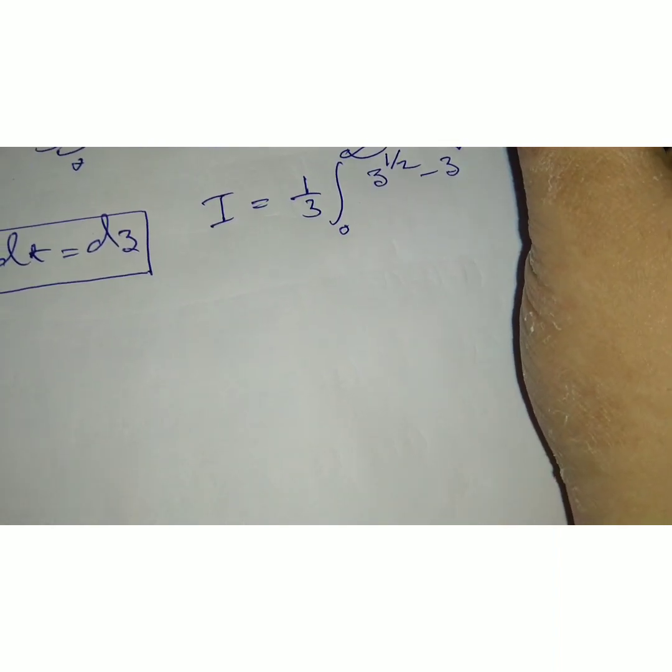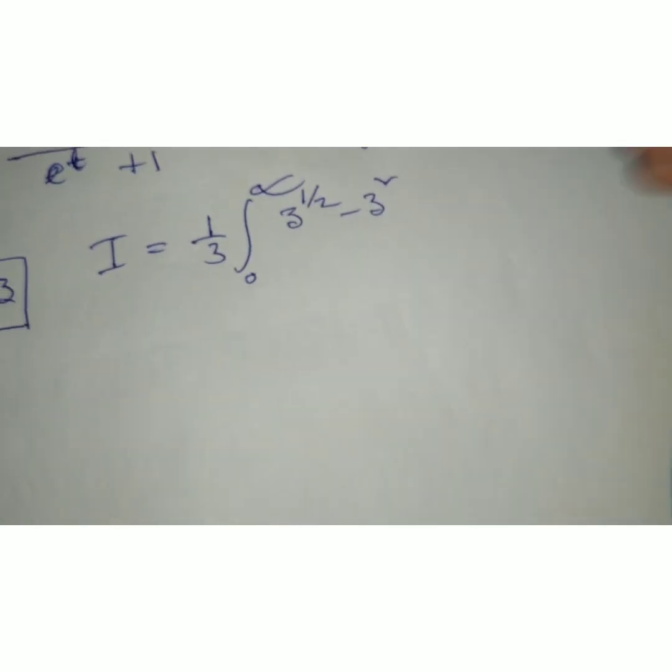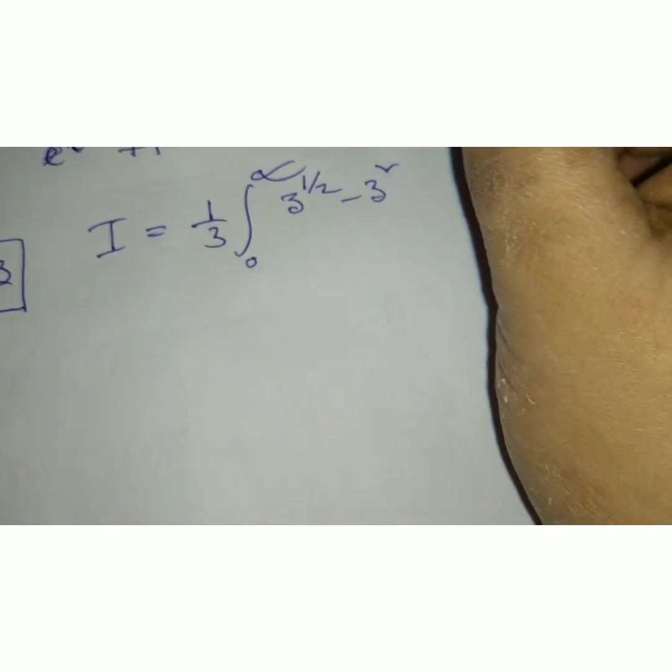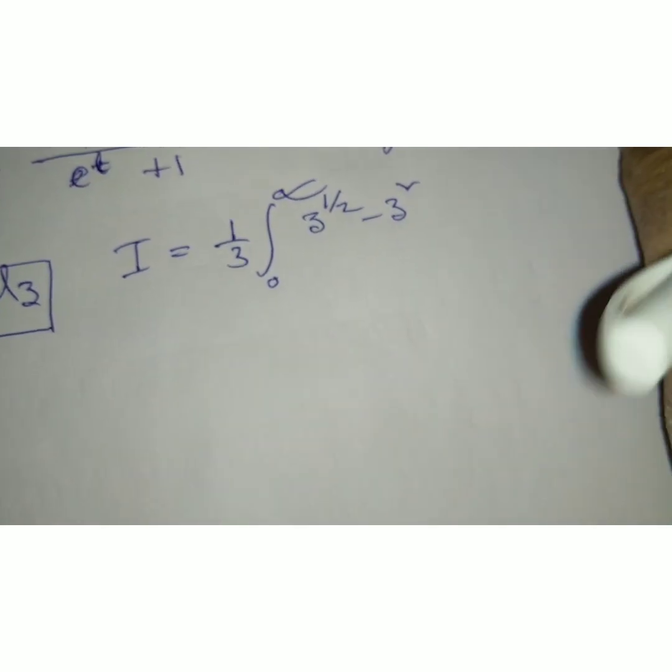Here it is, 3 by 2, 3 by 2t, z square. Another fact that I left: the integral from 0 to infinity of e to the power minus t into e to the power t plus 1 dt.